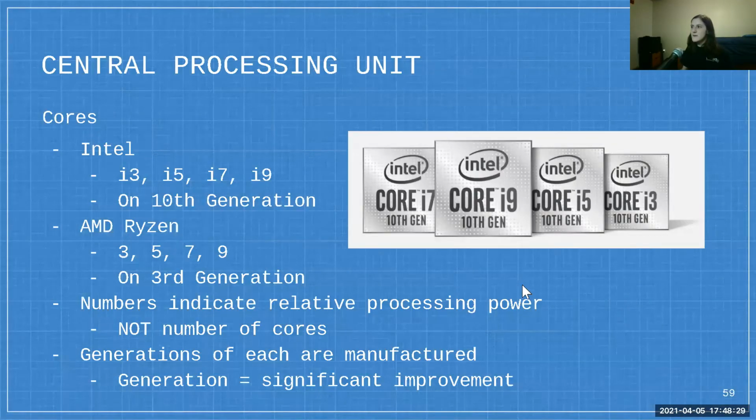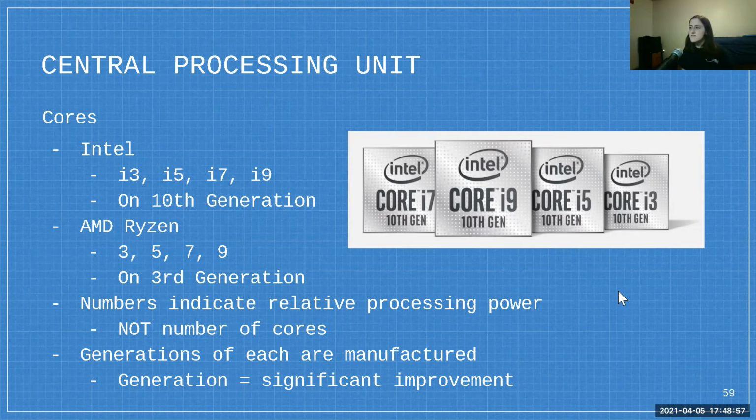All right, so we're going to go ahead and talk about some of the processing units that you might have seen, specifically the cores. We have 2 big brands, Intel and then AMD Ryzen. I wanted to clarify some of this notation, because you might have seen i3, i5, i7, i9, or for Ryzen 3, 5, 7, and 9. And you might be saying, well, what does that mean?